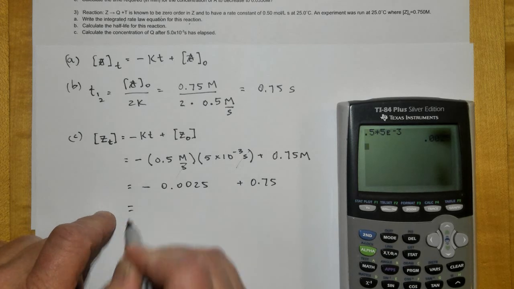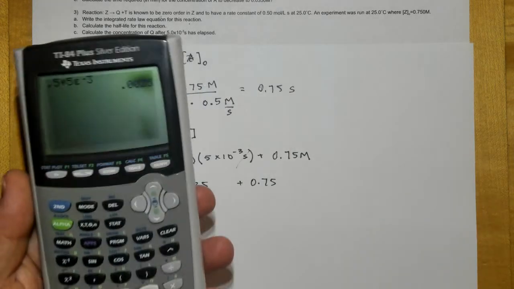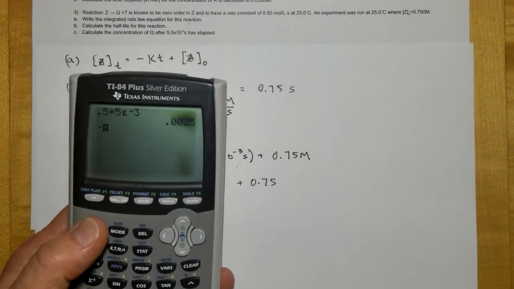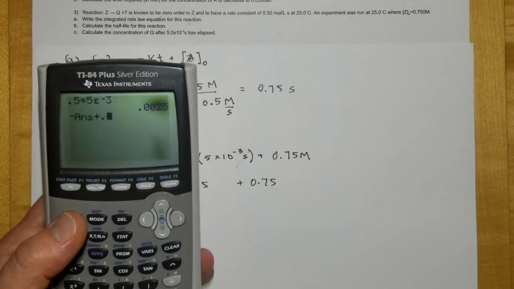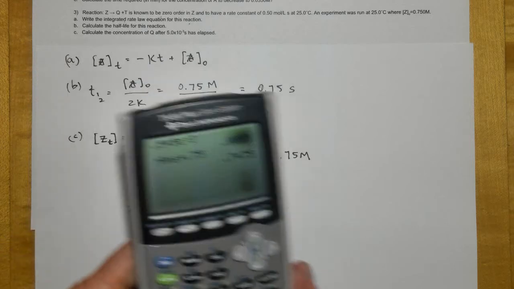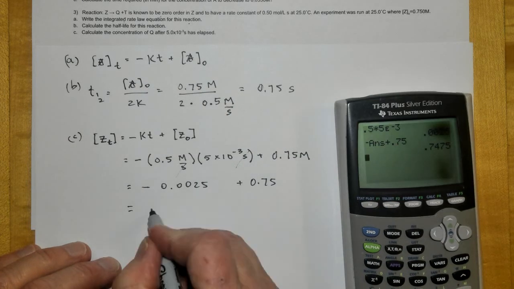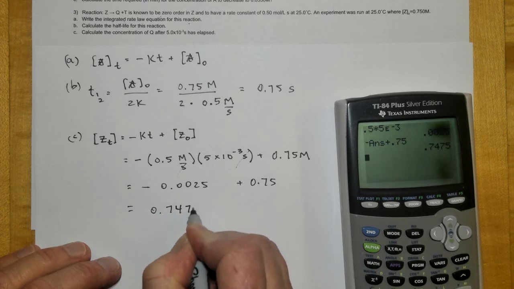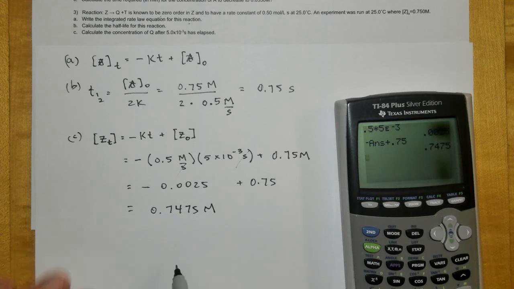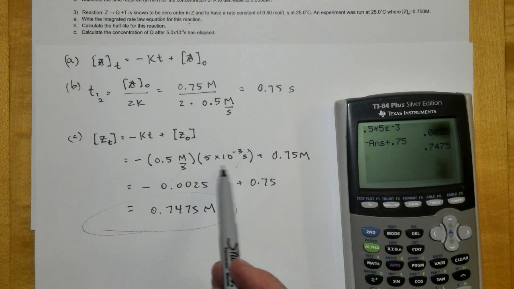We're not going to see a whole lot of change, but I'll put in a negative sign, second answer, plus our 0.75, and so we see that it goes to 0.7475, and the units on that are molarity. That would be our concentration after that little bit of time has gone by in a 0th order process.